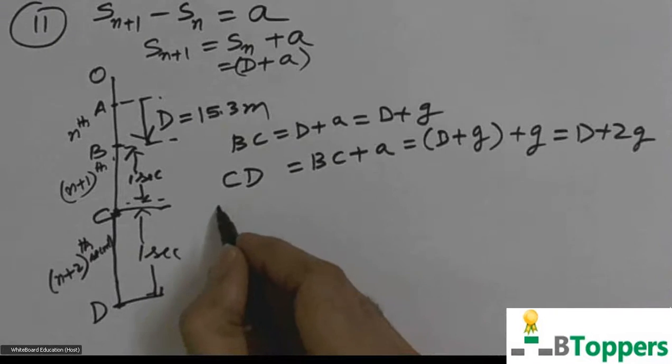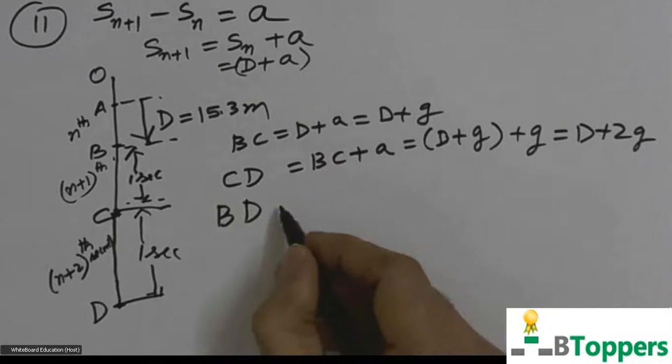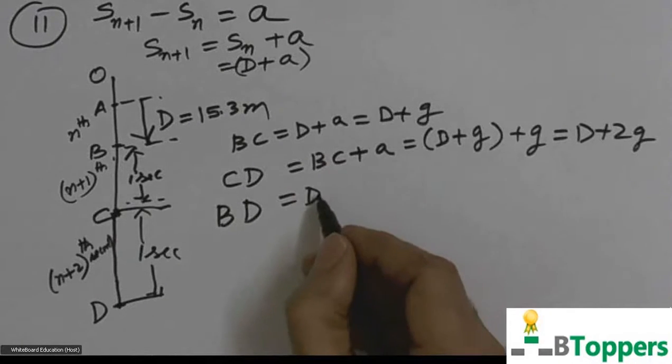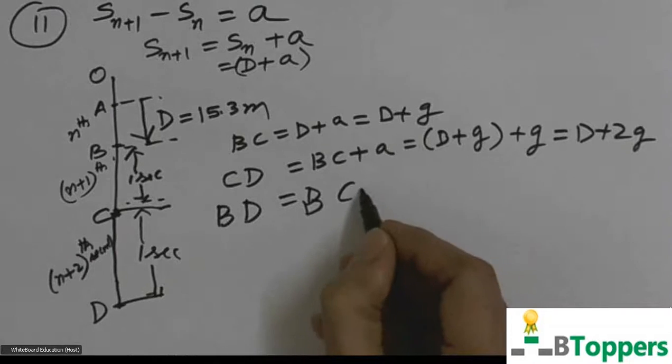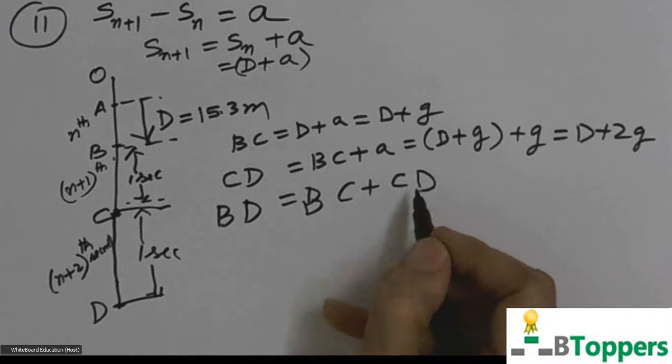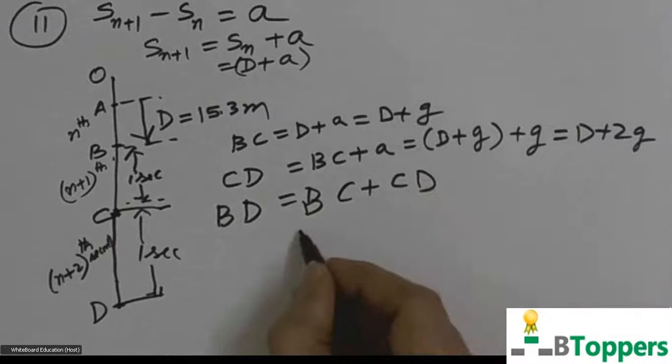So the total distance covered in the next 2 seconds is the distance from B to D. Distance from B to D equal to distance from B to C plus C to D. Distance from B to C is d plus g.